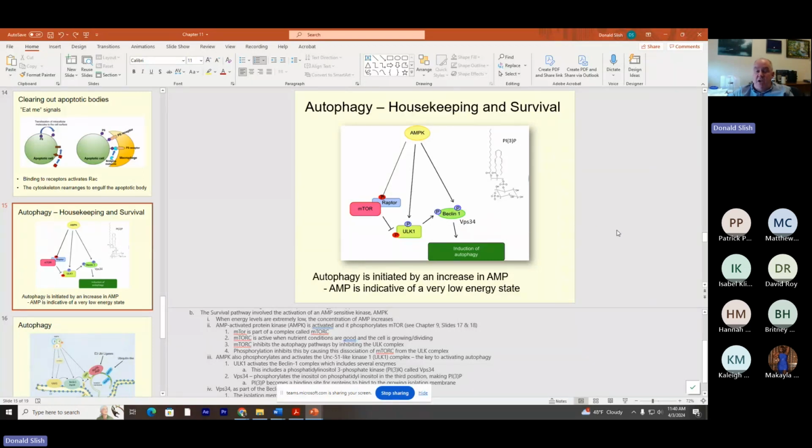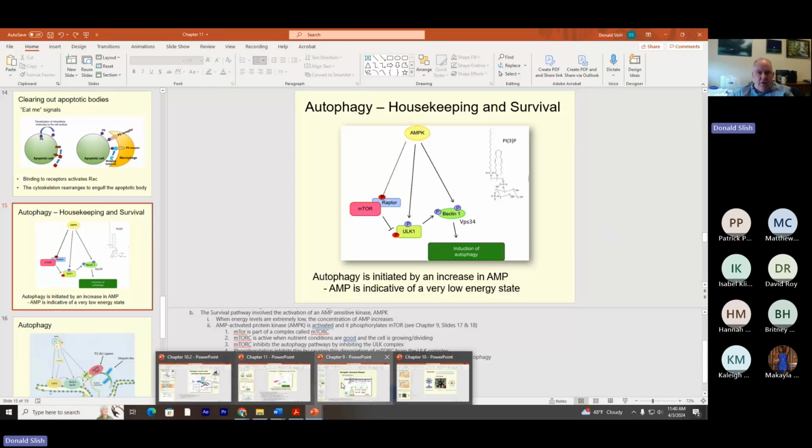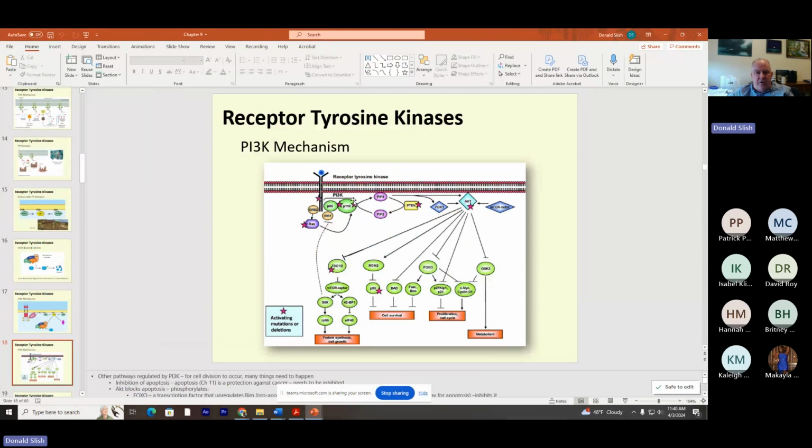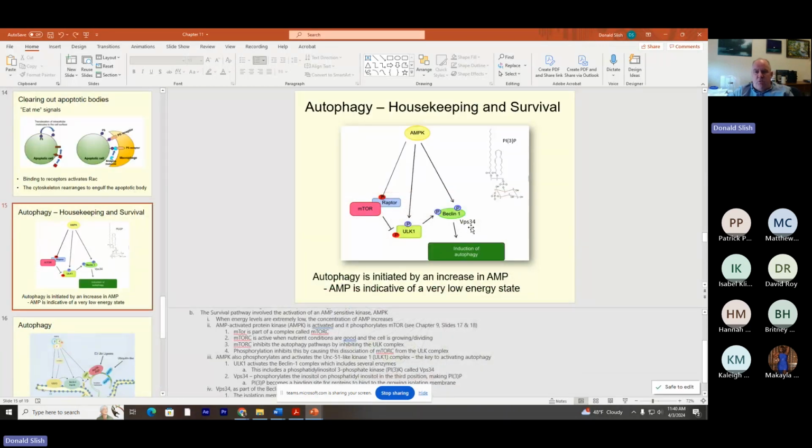VPS34 is like PI3 kinase. Let's go back to chapter 9. PI3 kinase is going to phosphorylate PIP2 on the 3 position of the inositol and give you PIP3. Well, VPS34 is going to do the same thing, but just on PI. Let me blow this up so we can see it better.